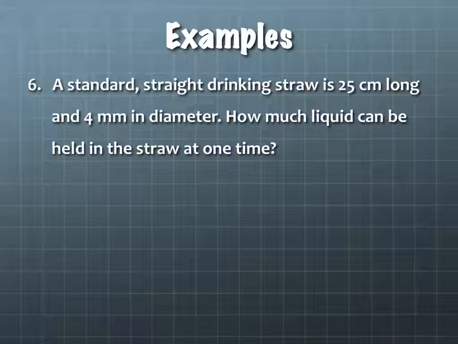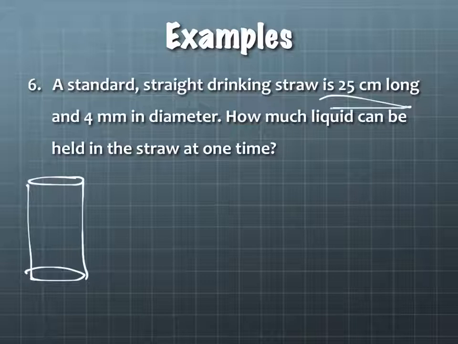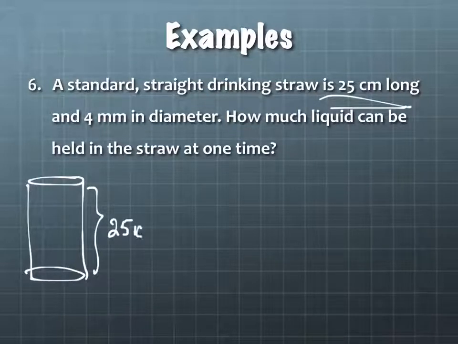All right, what shape do you have? It's a cylinder, and of course I'm drawing it extra big, otherwise it's hard to draw. So there's my cylinder. So let's figure out some of the information we know. It says it's 25 centimeters long. It says the diameter, which is this length, is 4 millimeters. And it wants us to find the volume.